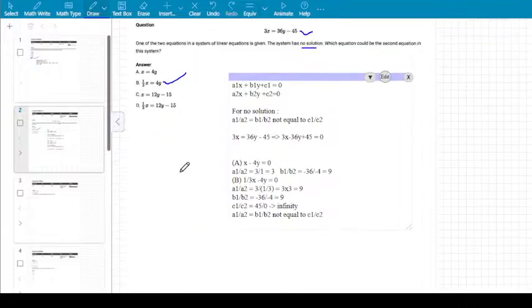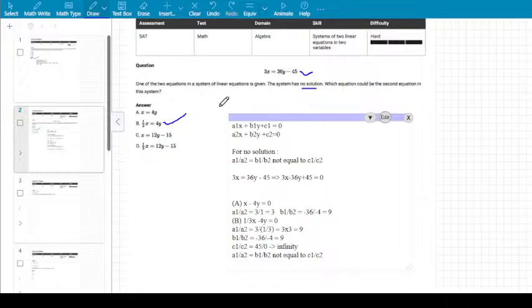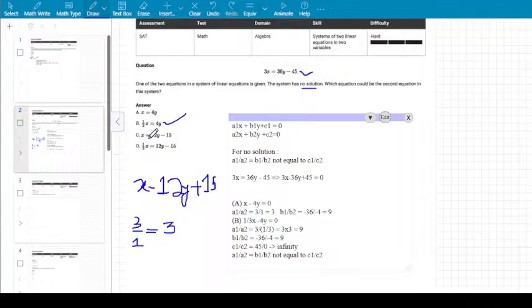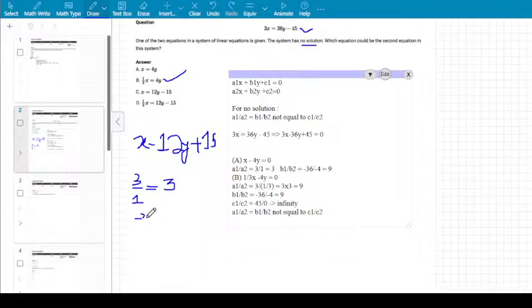And if we check for C, then for C also, if you notice, the a1 by a2 ratio and b1 by b2 ratio are equal, because C can be written as x minus 12y plus 15, and then if we find the ratio, we'll have 3 by 1, which is 3 for a1 by a2, and then for b1 by b2 it would be minus 36 by minus 12, which is 3.